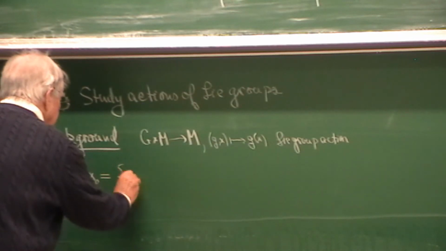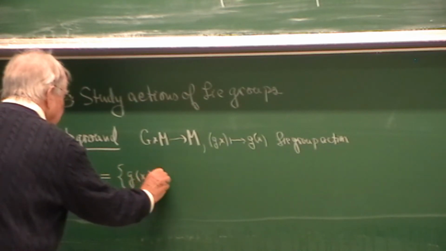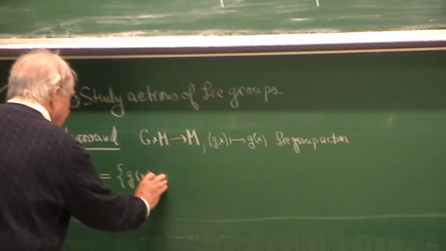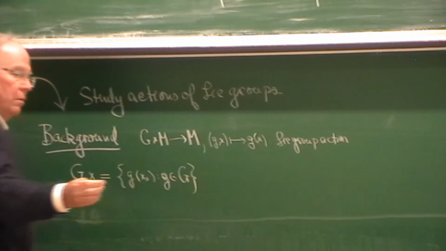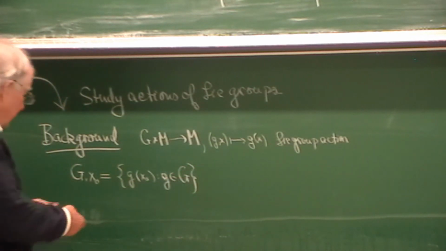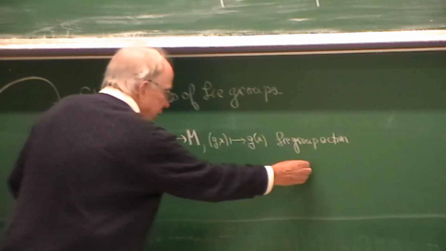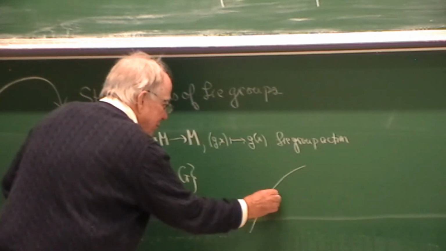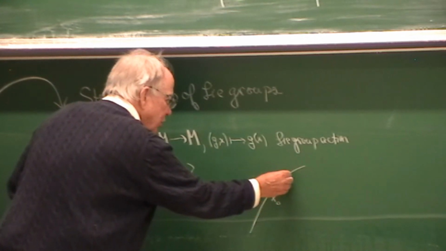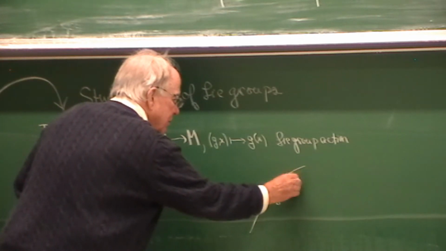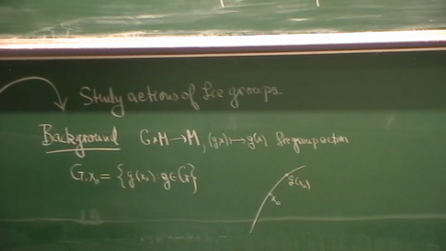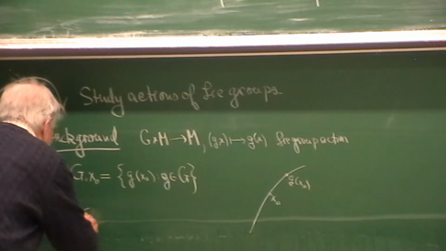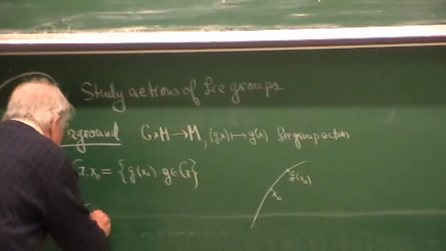This is all the points that you can get starting from a base point. Orbit. You should draw a picture of everything in life. Here is X. Maybe it's discrete, maybe it's not, but let's pretend it's continuous. And here's this U. Now we take something in the isotropy group, G sub X.